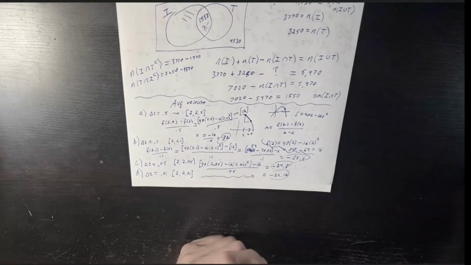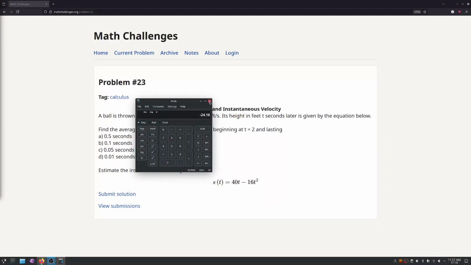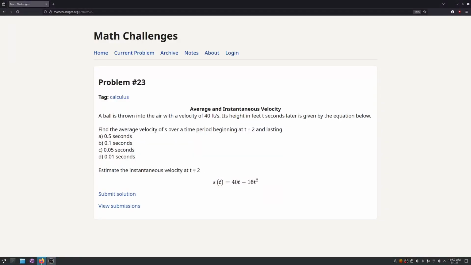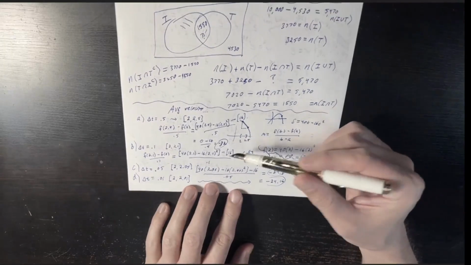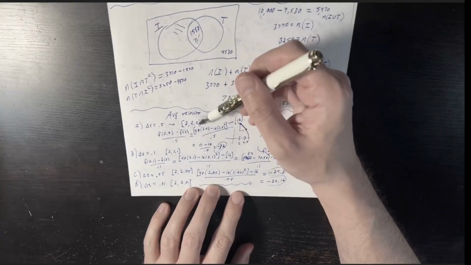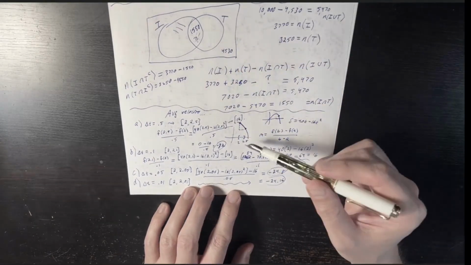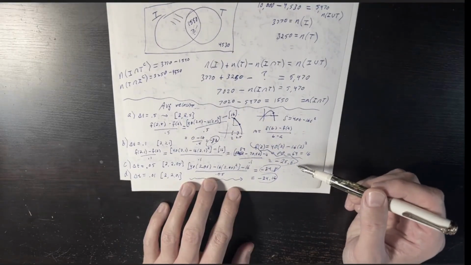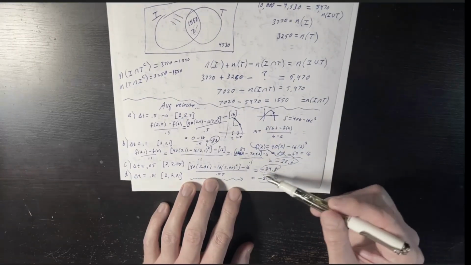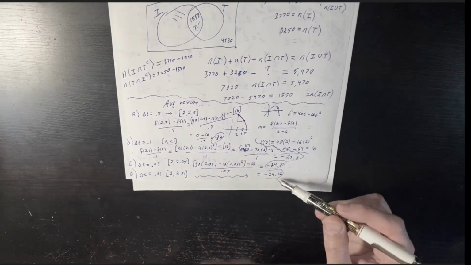And then the last part of the question was, like, estimate the instantaneous velocity at 2. If you look at our numbers, negative 32 was pretty far away. That was kind of a huge gap in a sense, half a second. But yeah, negative 32 went down to negative 25.5-ish, close to negative 25. Now it's getting closer to negative 24.